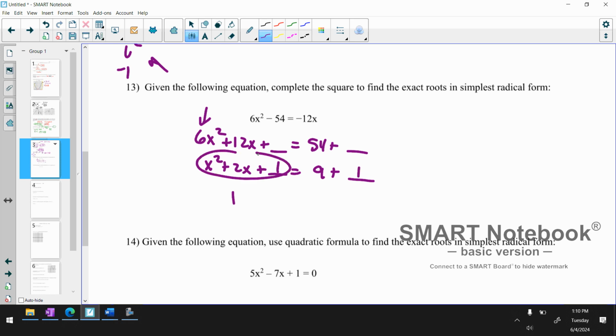I then factor that. I don't have to. It's half that number, that sign, that letter, in a parentheses squared. 10. Square root both sides. X plus 1 is plus or minus the square root of 10. 10 can't be broken down, right? What I mean by that is this: there are no pairs, so everything just stays inside. And then I just subtract the 1 over.